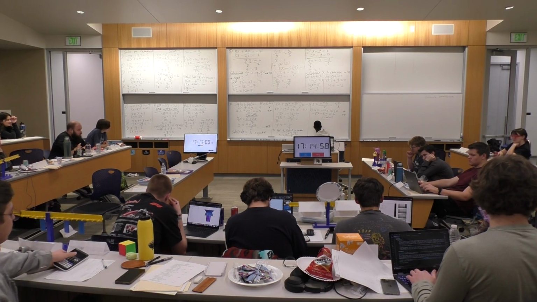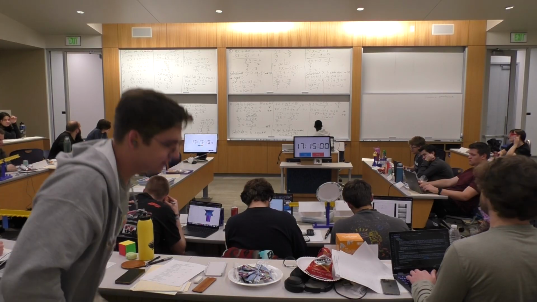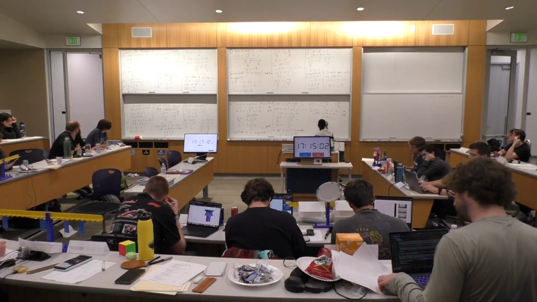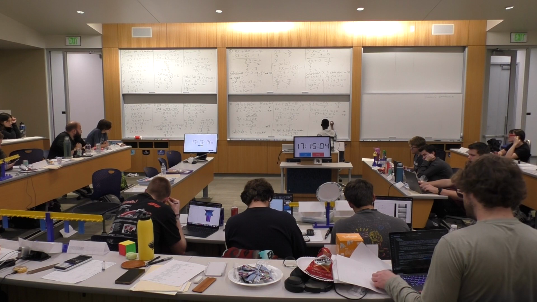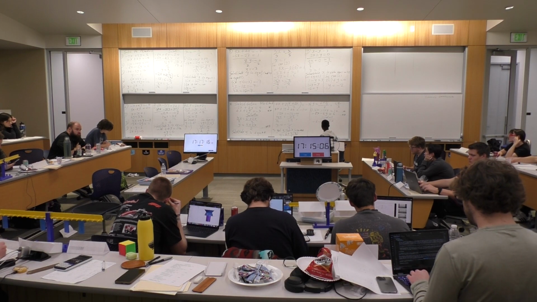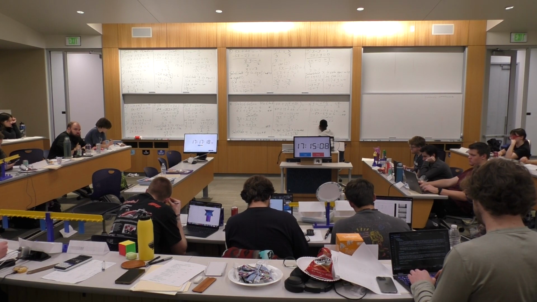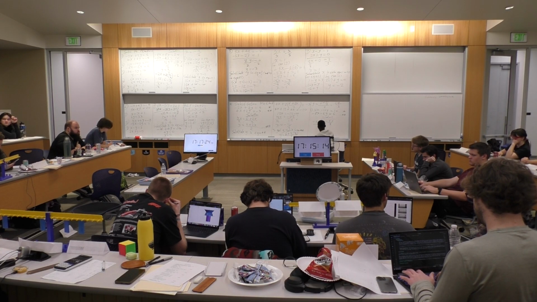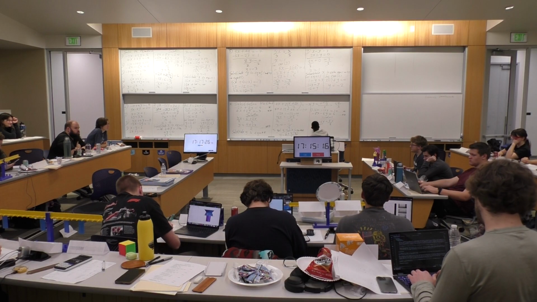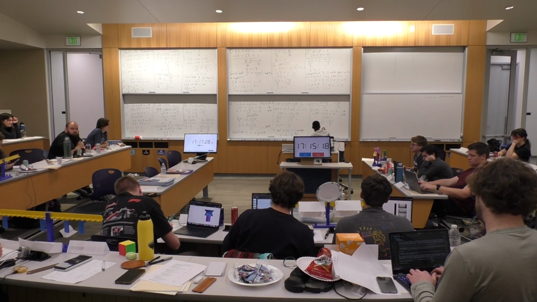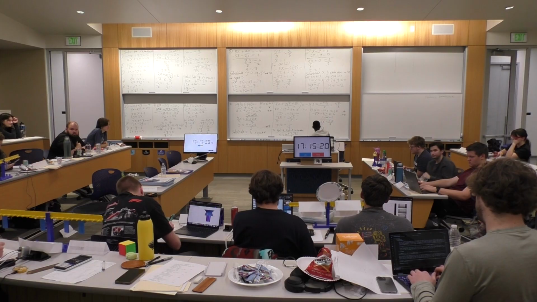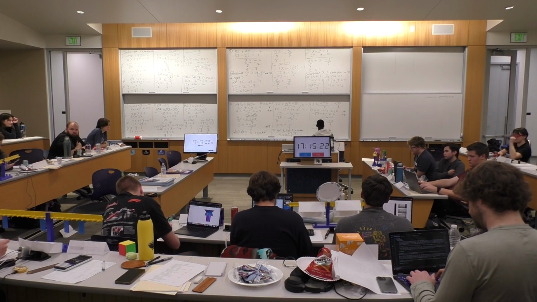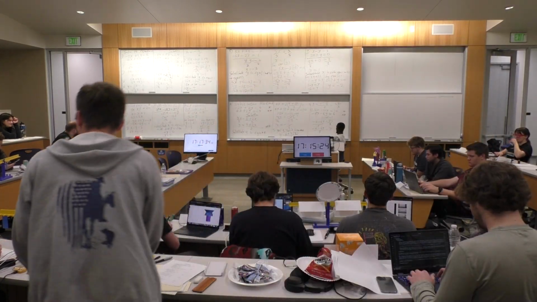Hence, we have negative 6y equals 8x. Divide both sides by 8. Hence, you have that x is equal to negative 6y over 8.